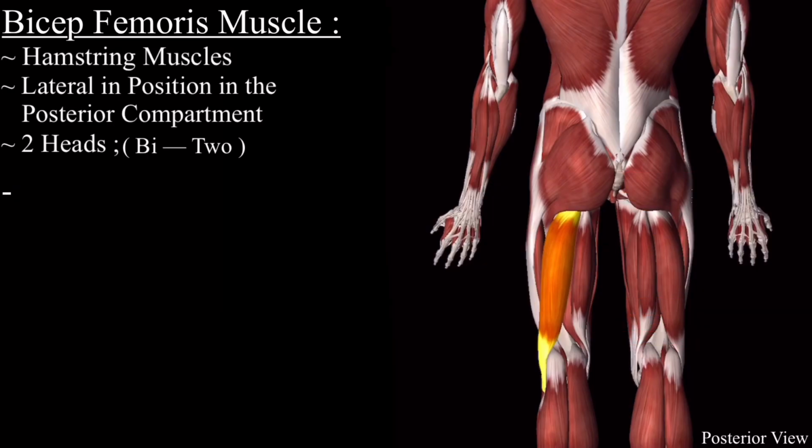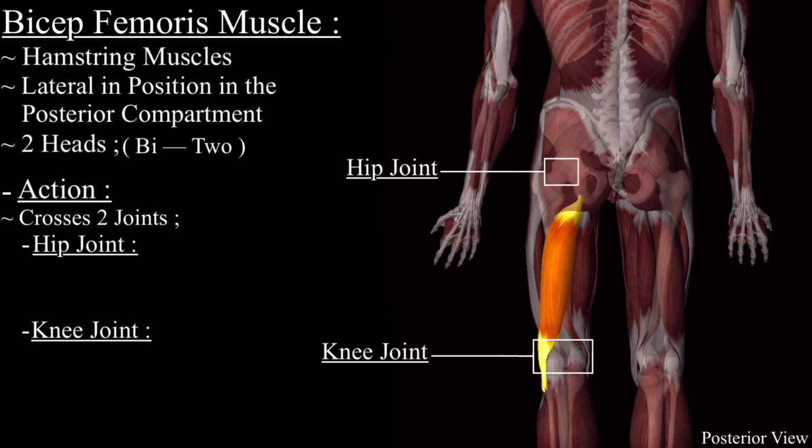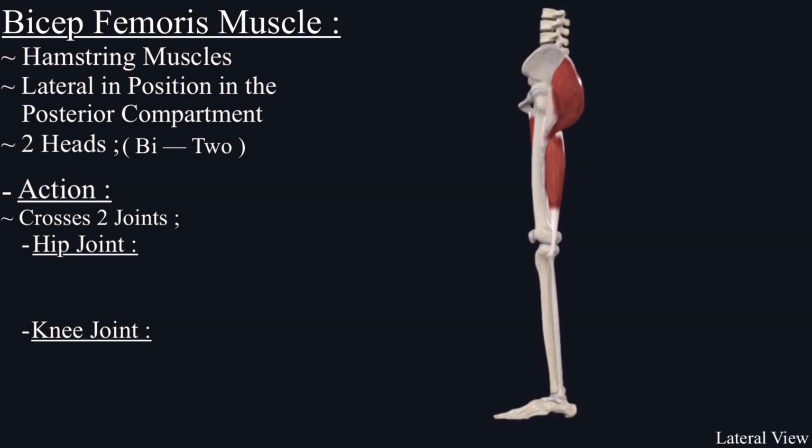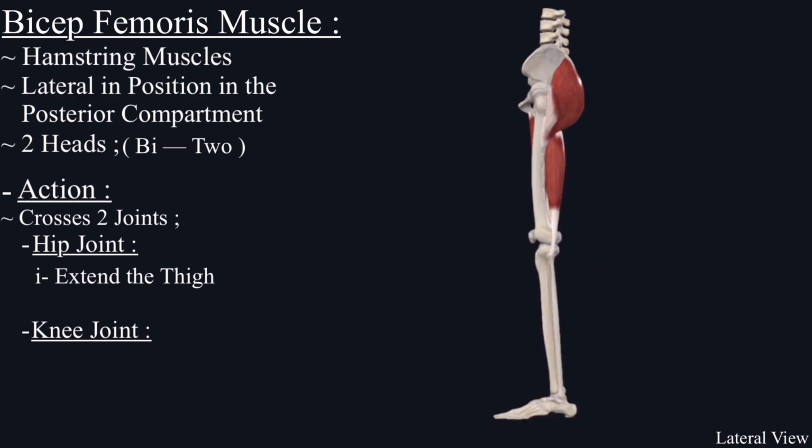Next is the action. Biceps femoris muscle crosses two joints, the hip joint and the knee joint. At the hip joint, it extends the thigh, and it makes sense since this muscle is present posterior to the hip joint.